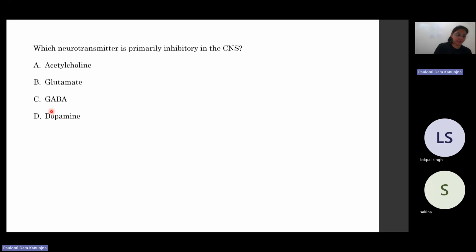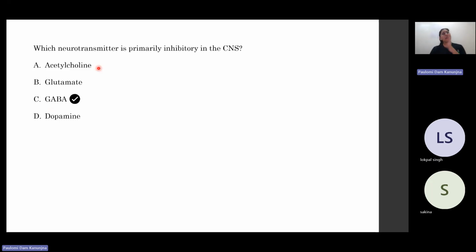I told you about one inhibitory neurotransmitter. Could you guess from here which is the correct option? Excellent, yes, C, GABA. Acetylcholine is an excitatory neurotransmitter.